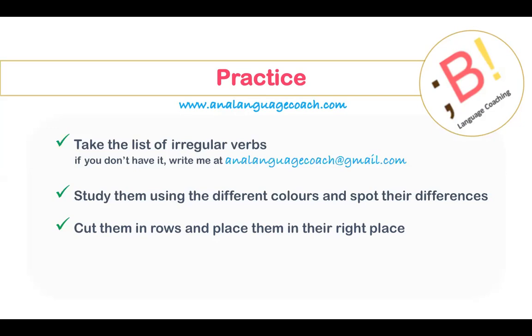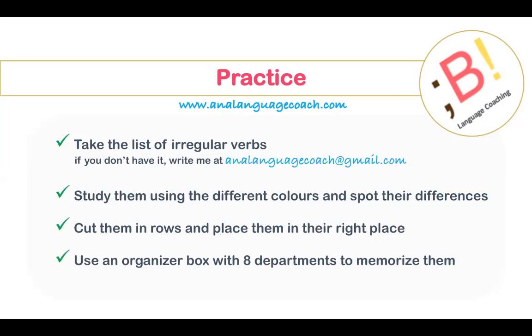And the last thing is to place them using an organizer box with 8 departments to memorize them. If you use this technique, I can guarantee you that you will learn them very quickly.